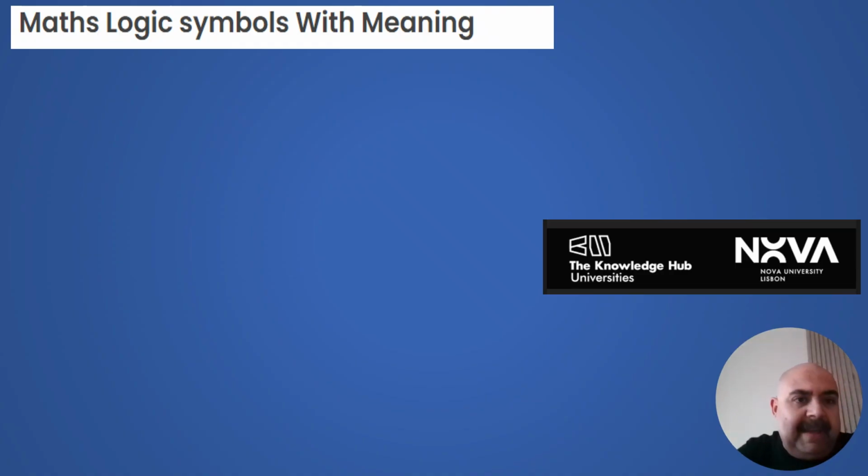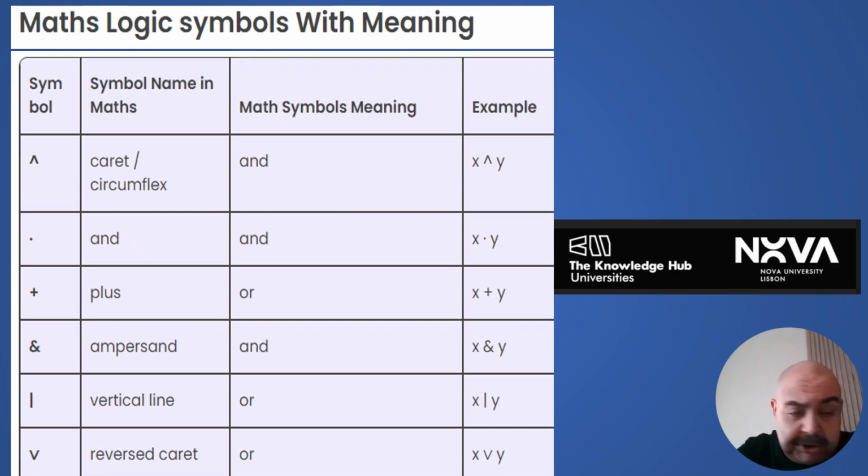First of all, the math logic symbols with meaning that we may face during our journey through this chapter. Okay, the upper arrow, which means and. So if you see this symbol, it means x and y. The dot stands for x and y also. The plus is or.